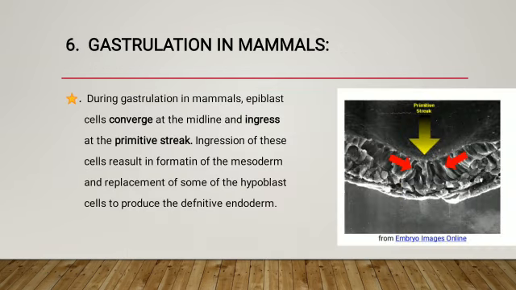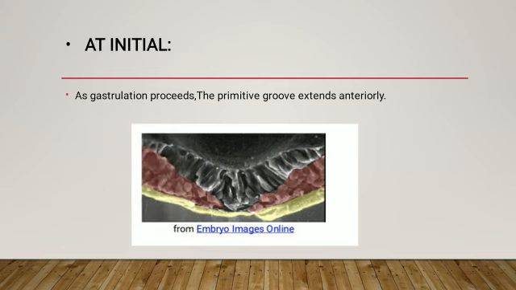Gastrulation in mammals. During gastrulation in mammals, epiblast cells converge at the midline and ingress at the primitive streak. Ingression of these cells results in the formation of the mesoderm and replacement of some of the hypoblast cells, producing the definitive endoderm. Initially, as gastrulation proceeds, the primitive groove extends anteriorly.